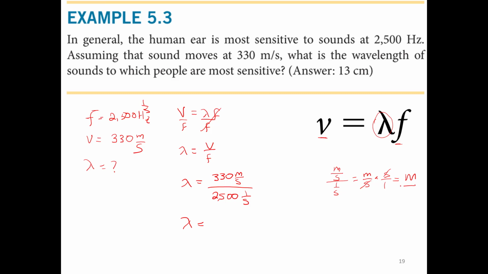And this is the units we expect. Then lambda, the wavelength, must be in meters. And if we divide these two numbers, we will get 0.13 meters. Because the answer is in centimeters, what we can do is just multiply by 100. Then lambda is the same, 13 centimeters.